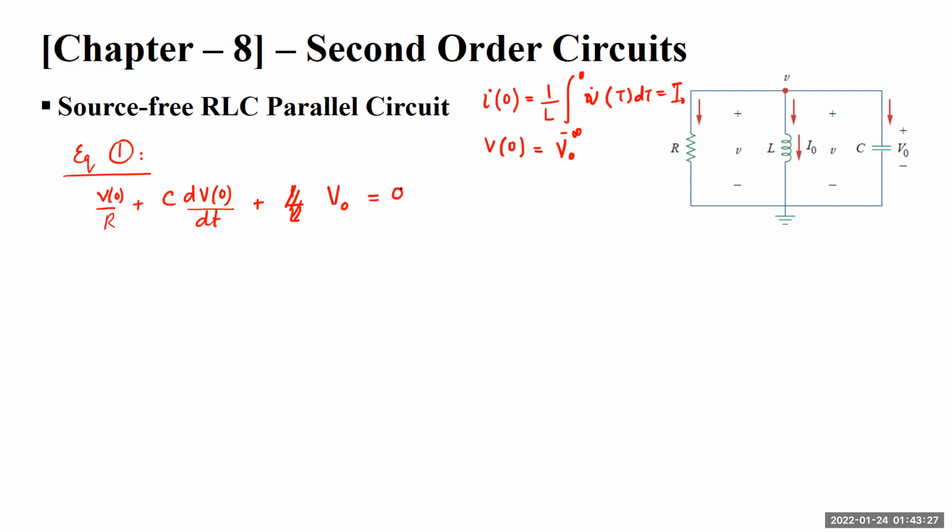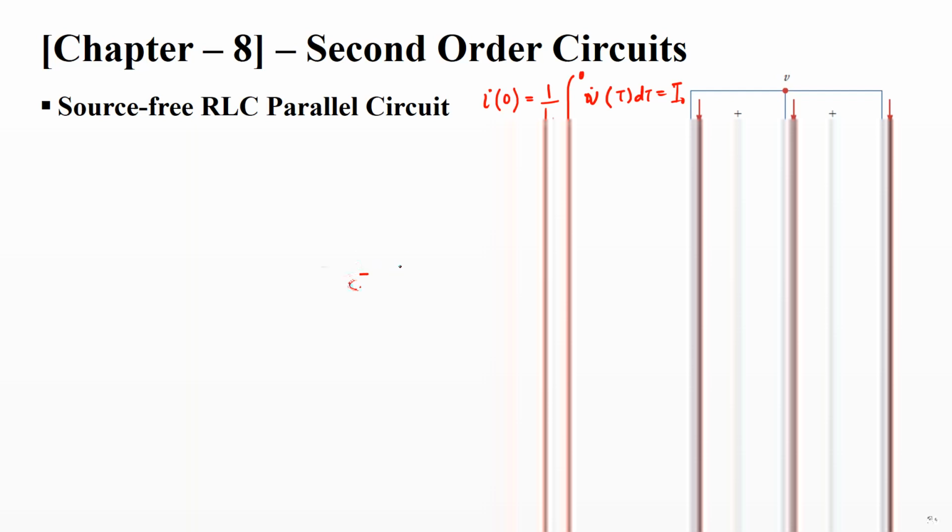So if we put the initial conditions in our equation number 1 and simplify it, we get dV0/dt equals minus V naught by C minus V0 by RC.